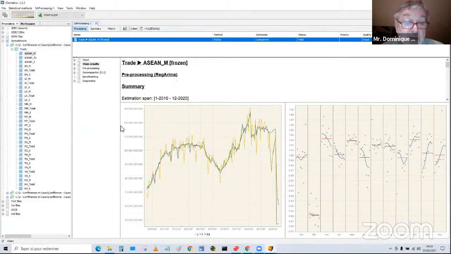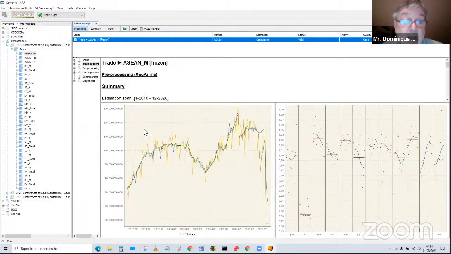So as you know, I like very much the two graphs. I'm going to check everything, but my first thing is to look at the graph, because on the right part of the graph, for example, you see the seasonal factors as they are estimated by X13 ARIMA, okay? So what do I see?